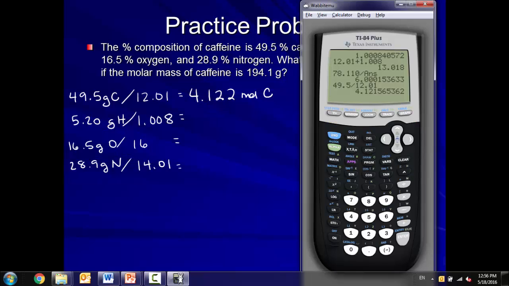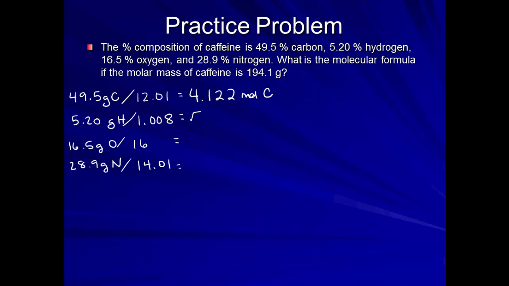Next, hydrogen, 5.2 divided by 1.008. It's going to be close to 5. Let's make sure we get 1.008. 5.159 moles of hydrogen. It's important to keep track of which row is which element.